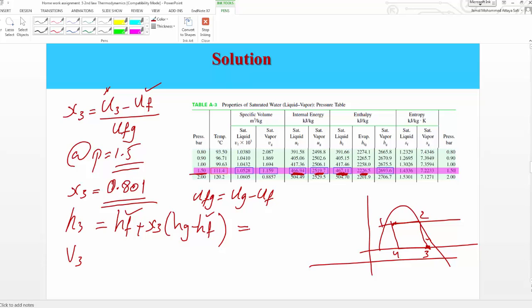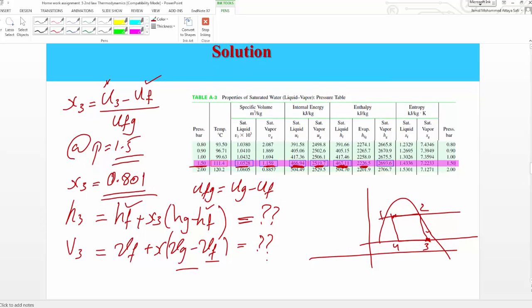I don't have it here at least, but I'll see if I have the number later. And you can also find V3, because V3 is Vf plus x Vfg, or Vg minus Vf. And those also you can read from here. You can see this is Vg and this is Vf. And that's going to give you V3, right?